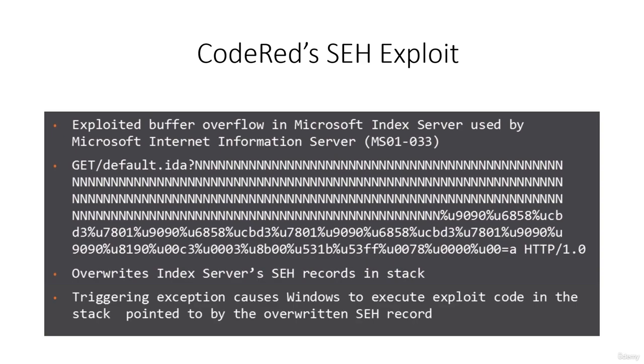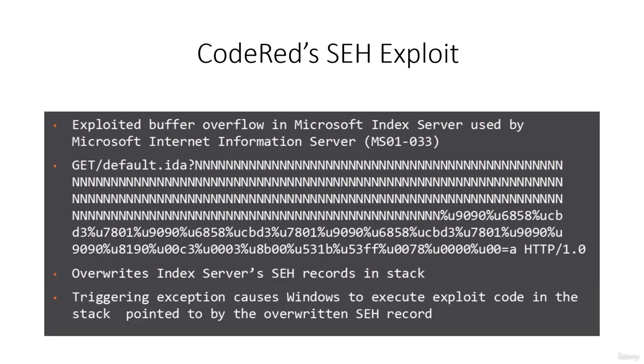Code Red exploited a buffer overflow vulnerability found in a component of the indexing service used by Microsoft's web server, Internet Information Server. This exploit allowed the infected Microsoft server to then spread to other systems with the same vulnerability.